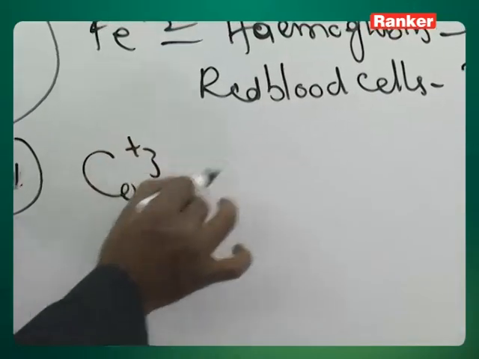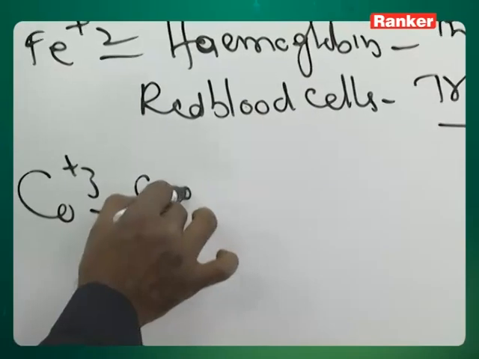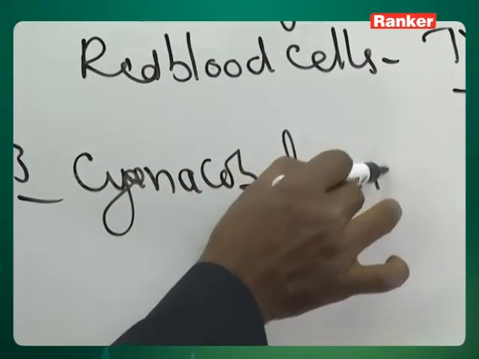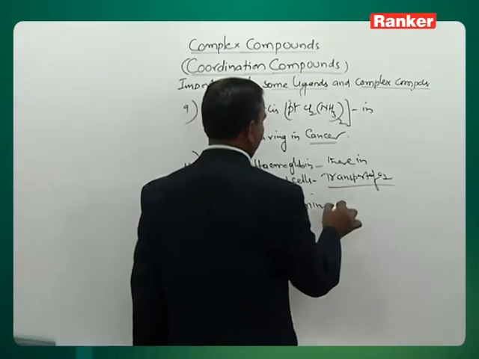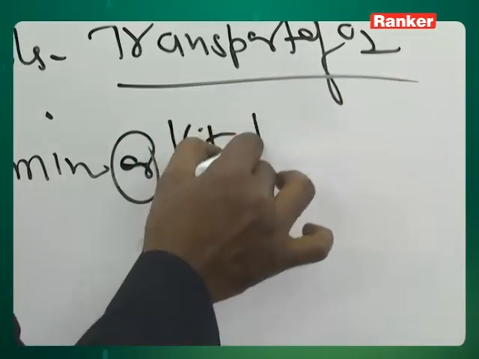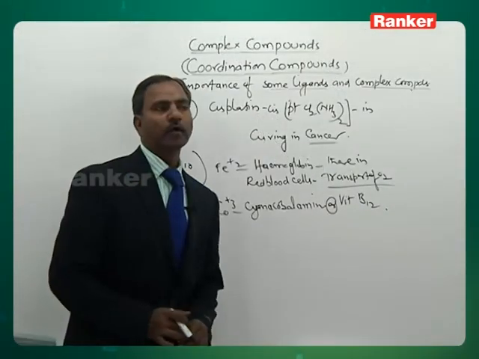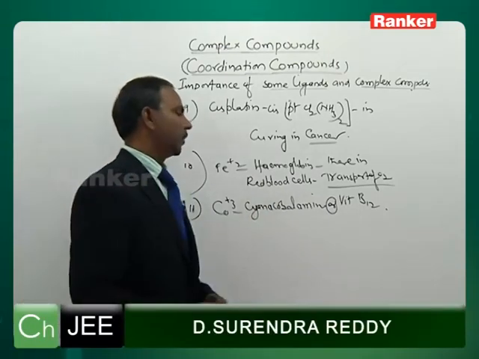Next one, a cobalt 3+ complex, what you call cyanocobalamin, or vitamin B12. Cobalt is there in cyanocobalamin or vitamin B12. This is the cobalt complex, vitamin B12 or cyanocobalamin.